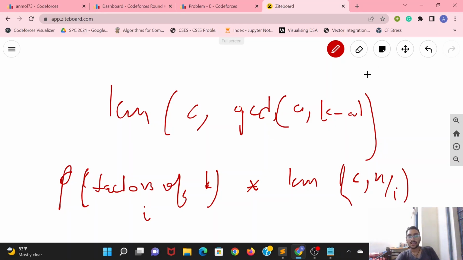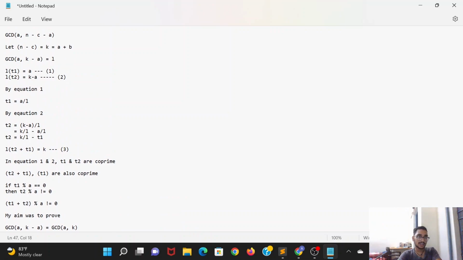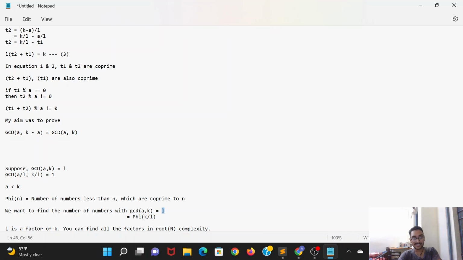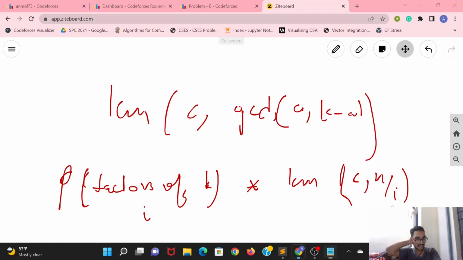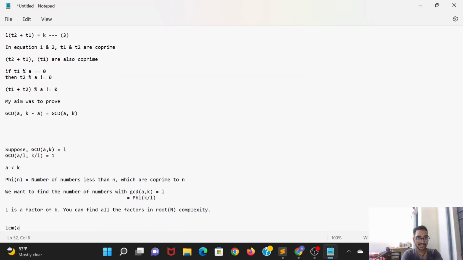Why is this happening? Observe that the number of solutions for this thing is phi of k by L. So when you're iterating over all a's out here, you will get LCM of c comma, let's say the factor is I, plus LCM of c comma the next factor, and so on.